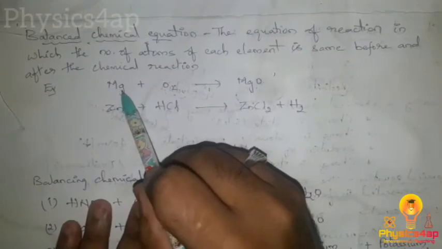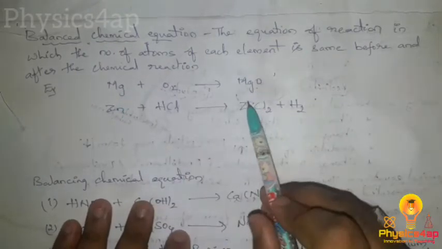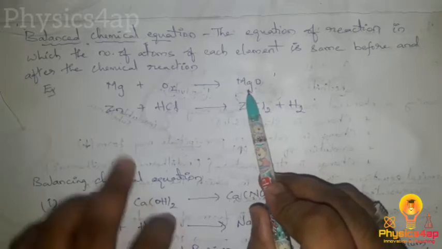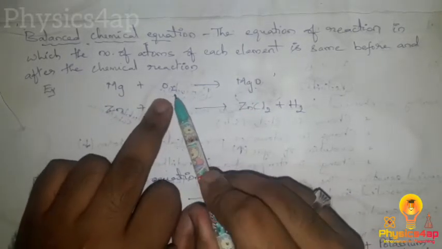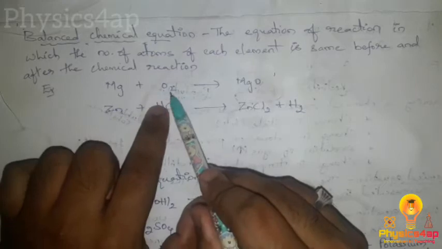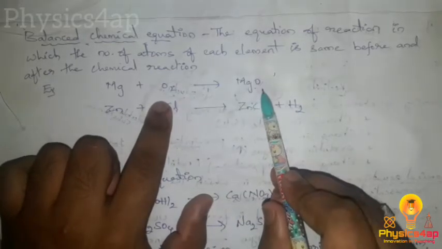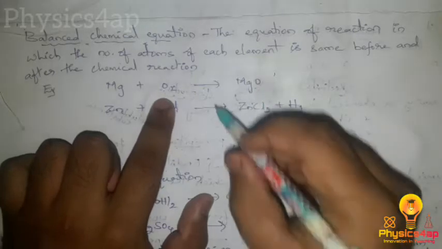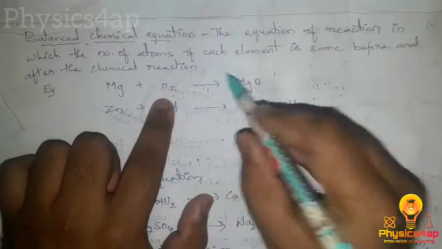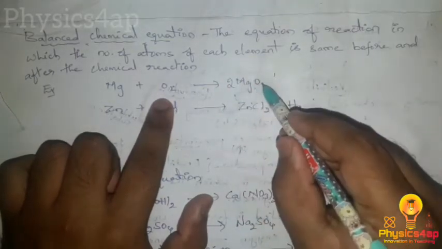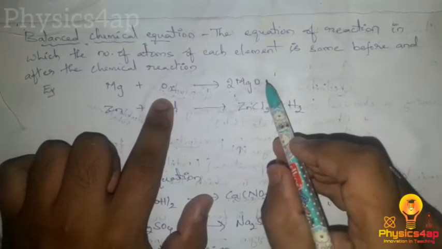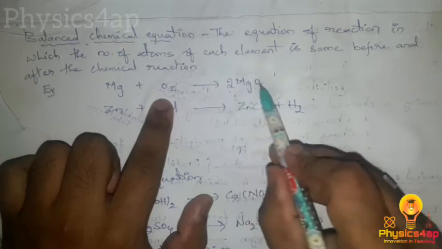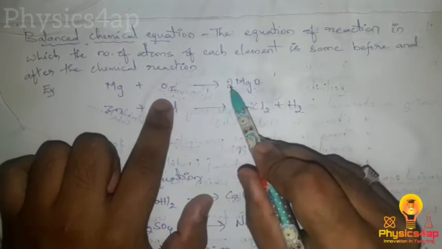For example, if we take magnesium, MgO on the right side also has magnesium, which has only one quantity. But in case of oxygen, we have two atoms of oxygen on the left, but only one atom of oxygen on the right. Now to balance the oxygen, we place 2 over here. Now the number of oxygen is 2, as we have oxygen 1 into 2, so oxygens are 2.